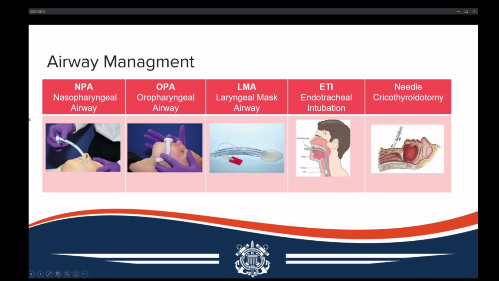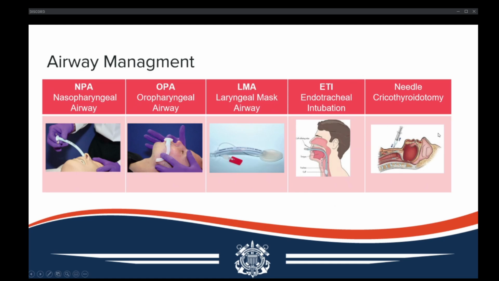And again, this is obviously only to be used on a completely unconscious patient, someone who can't support their own airway, major trauma, really. The difference between using the naso and oropharyngeal airways is whether they have possible head injuries. You want to avoid using a nasopharyngeal airway if they have possible skull fractures, for instance. And kind of the other way around for an OPA.